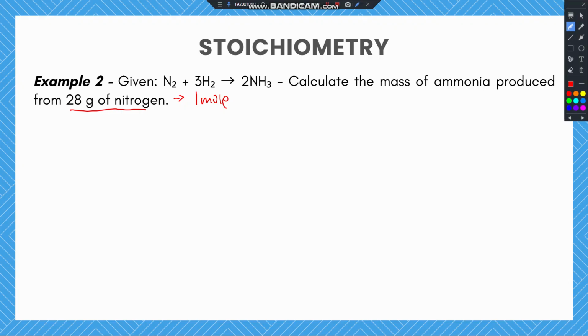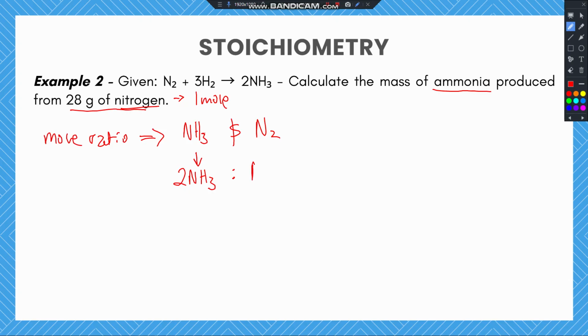That's step number 1. Step number 2 would be to get the mole ratio. How do we get the mole ratio? The mole ratio will be gotten from the equation. And the question says calculate the mass of ammonia. So we're dealing with NH3, ammonia, and nitrogen, N2. And from the equation, NH3 or ammonia is written as 2NH3 and nitrogen is written as N2.